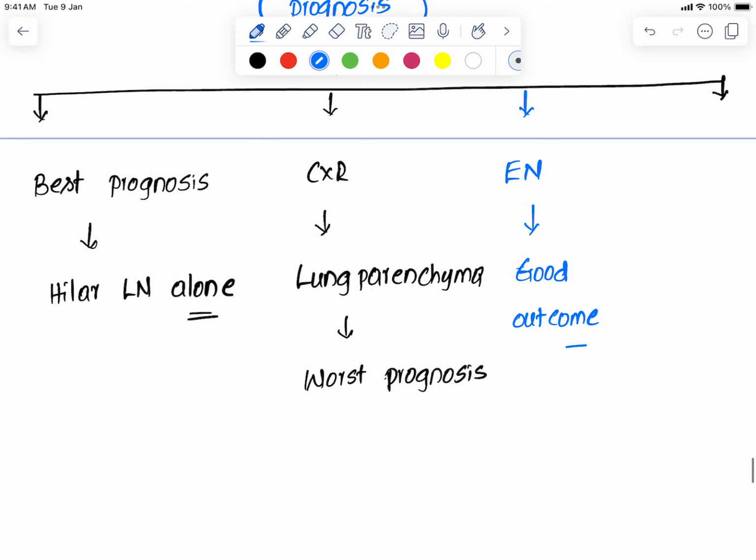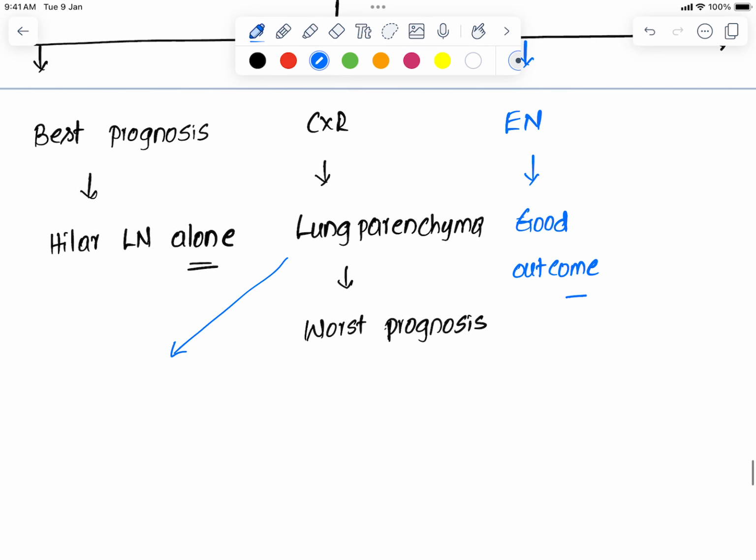Okay. And in pulmonary complications, that is lung parenchyma involvement, about 20% of the patients with lung involvement suffer irreversible lung impairment.